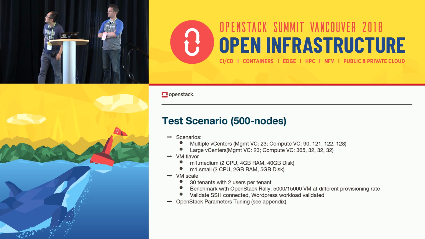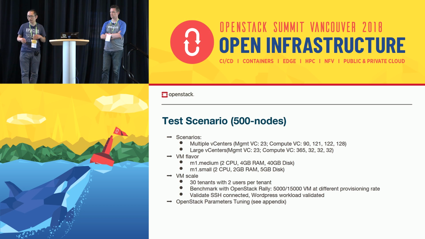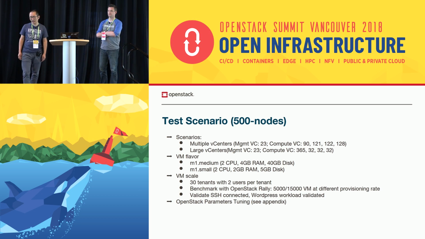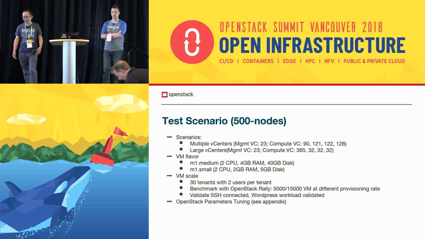For the testing settings, in this talk we will focus more on the second cycle, the 500 node cluster test. We have 2 scenarios. One is multiple vCenters, and the other is large vCenters, for different testing purposes.